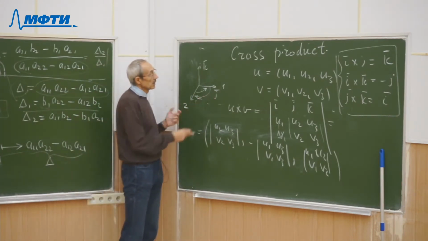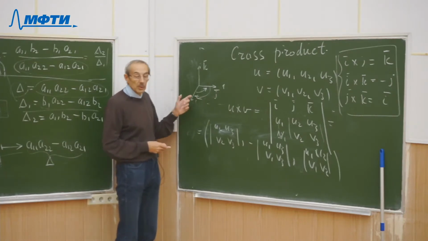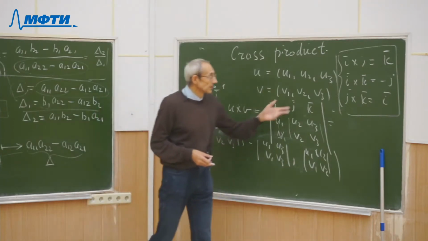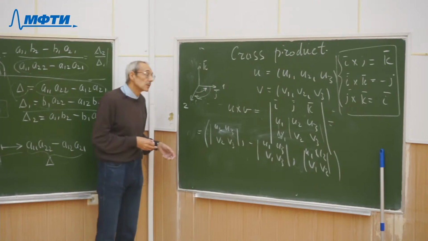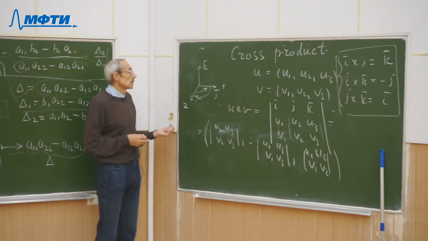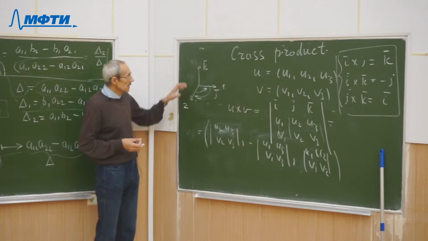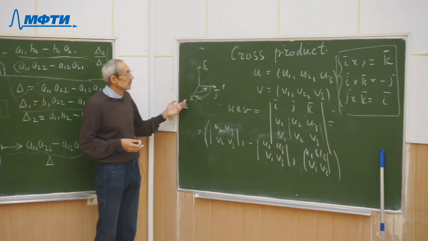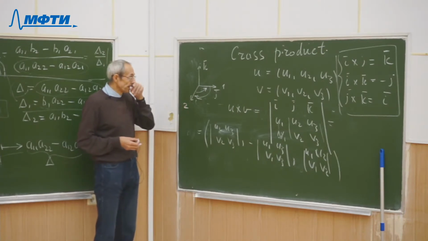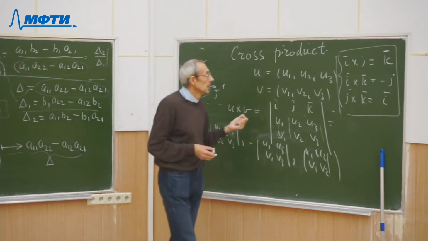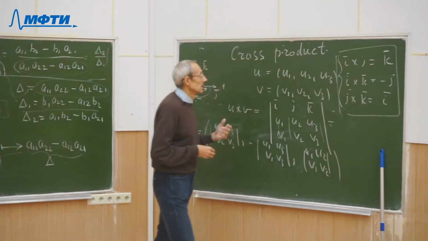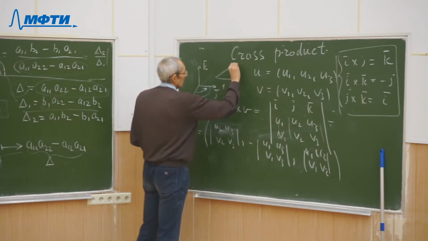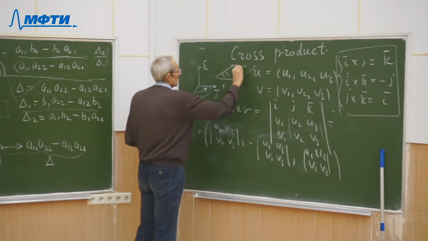The cross product is a vector which is orthogonal to the plane in which lie the vectors which are multiplied. And the length of this vector is expressed as the product of the lengths of the multiplied vectors and the area of the parallelogram.